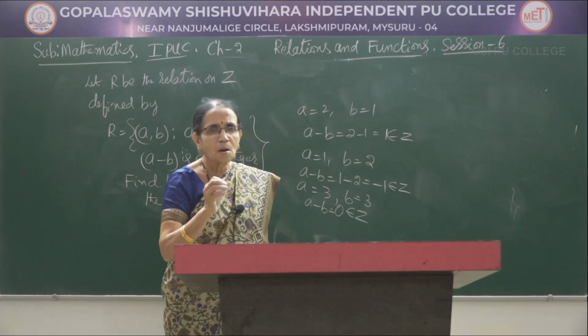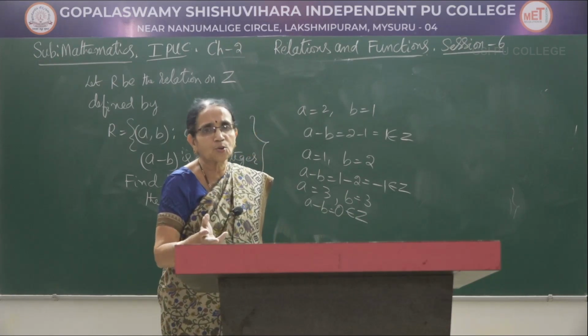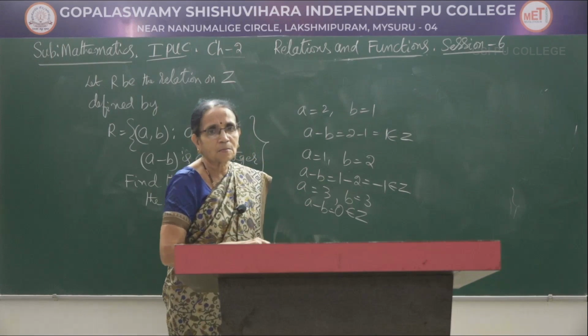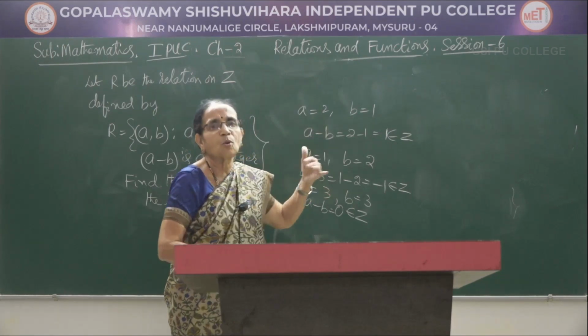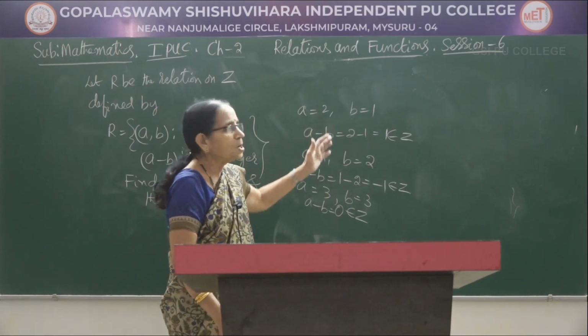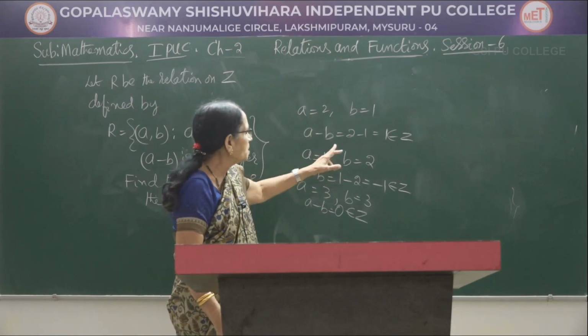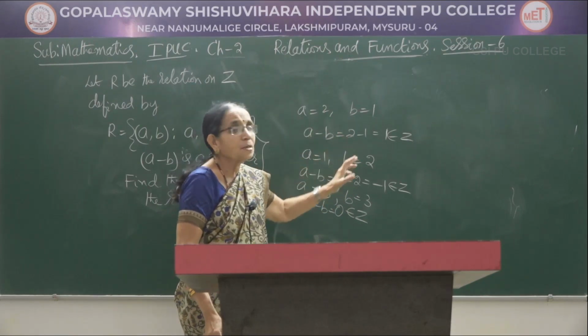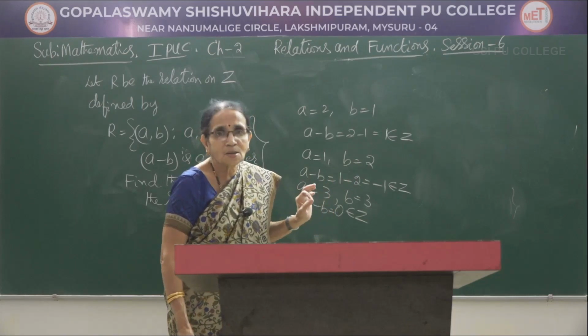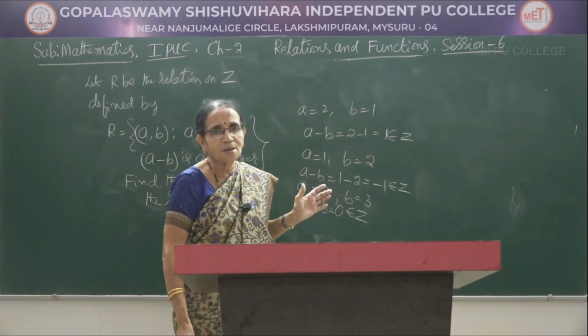So, whatever combination, whatever set of values you give for A and B. Suppose you take A equal to 100 and B equal to 200. A minus B would be 100 minus 200, which is minus 100, that is still an integer.